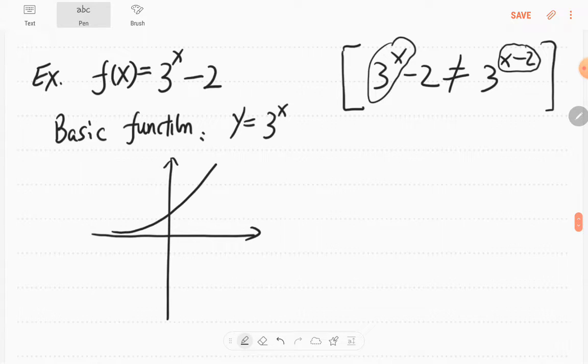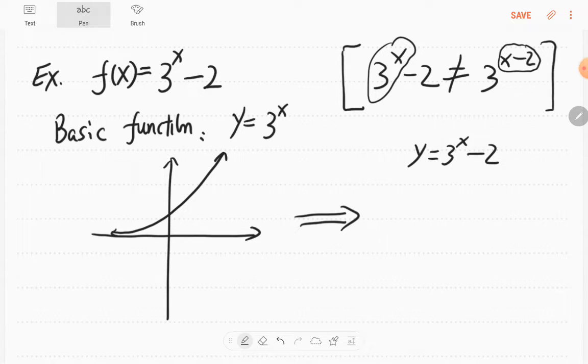You can sketch the graph. So this is y equals 3 to the x. Then we subtract 2, to get y equals 3 to the x, then subtract 2.